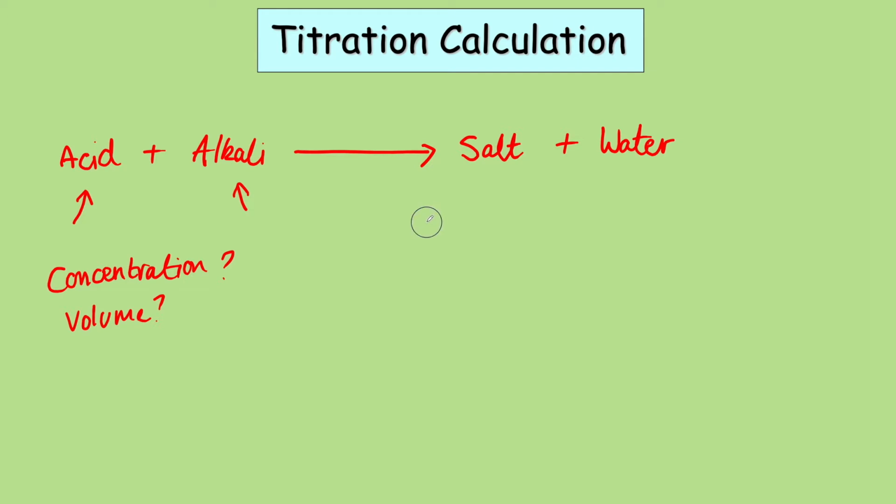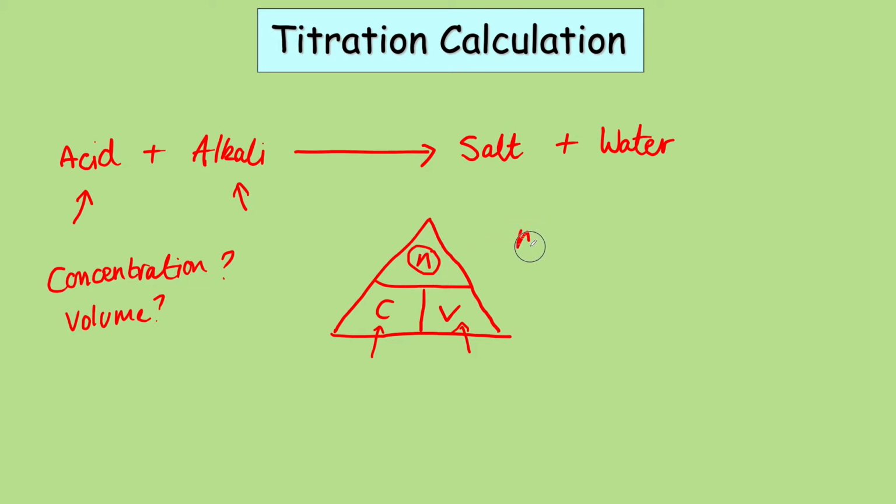Now we have already looked at concentration and volume using a triangle, where we had N, C, and V. N stood for the number of moles, C stood for concentration, and V stood for volume. Now we are going to use concentration and volume again, but we're not actually going to be using N in the same way today.